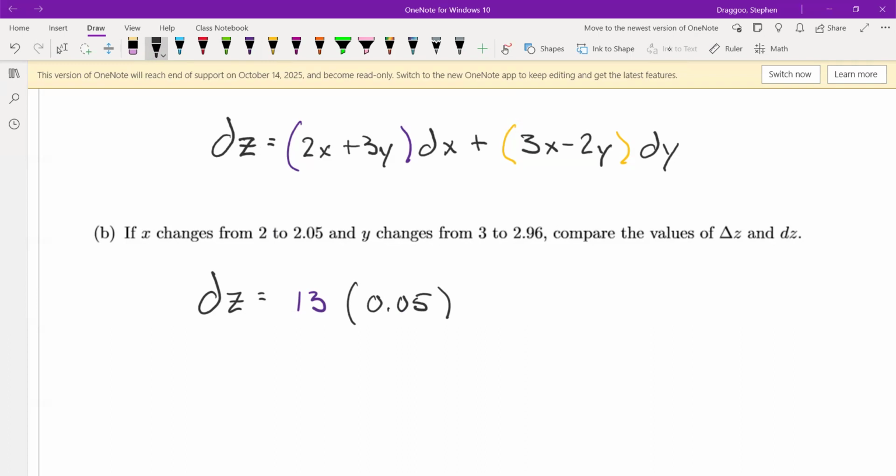And we're going to see that change is what shows up inside of these linearizations in tangent planes most of the time, right? Because that change should just be 2.05 minus 2, which works out to 0.05. We'll see the same thing when we do the y value in a second, because it's going to be negative 0.04. But first, the yellow quantity looks like it's 6 minus 6, right?